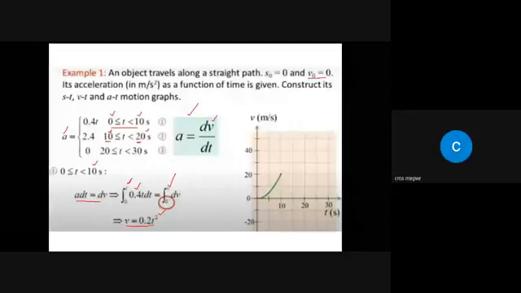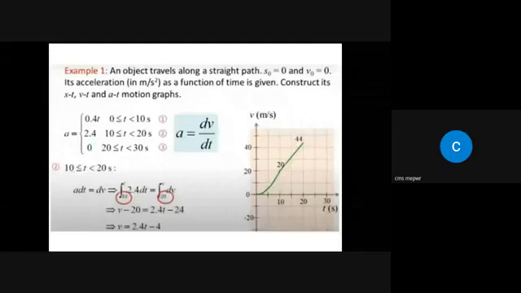So this velocity now will be 20, and instead of 0.4 t, you will use 2.4. So for the time interval 10 to 20 seconds, I have used this equation again, put 2.4 for acceleration, the time interval is from 10 to t, the initial velocity was 20, and the final velocity I still don't know. So what equation do I get?